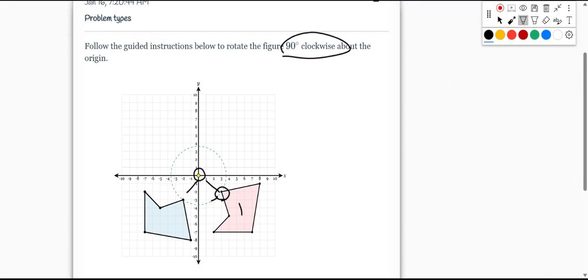So that point in the pre-image is getting rotated around this circle, and it lands in this point. We could also draw a circle around, let's see, this one, and it would have to follow the path of a circle as well, the same circle, because they're the same point.